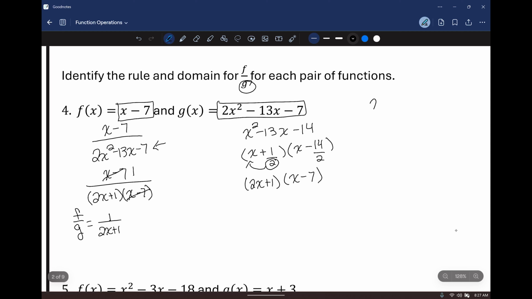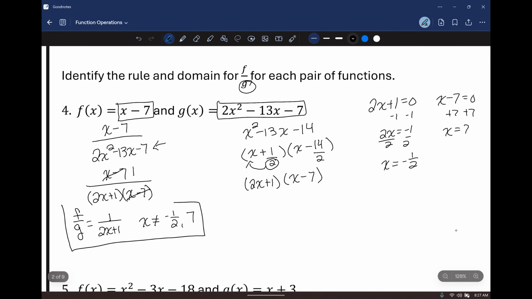So if you set those two factors equal to 0, I would subtract 1, divide by 2. So I know that if I plugged in negative 1/2, I would get a 0 on the bottom. And if I plugged in 7, so I know that my x cannot be negative 1/2 and 7. I do have those two restrictions on that domain.